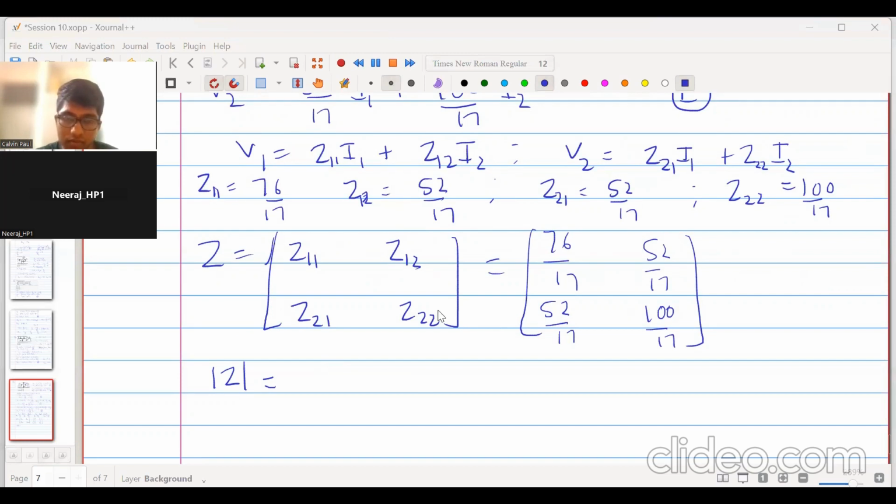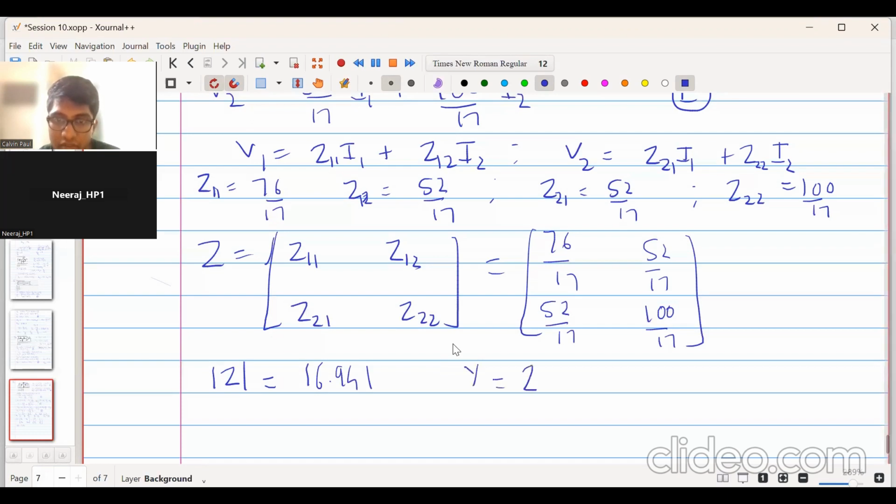Yeah, the mathematical value. Yeah, correct. So we get this equal to 16.941.